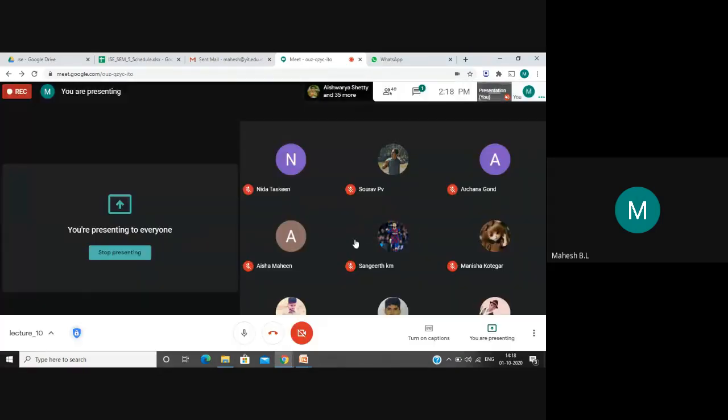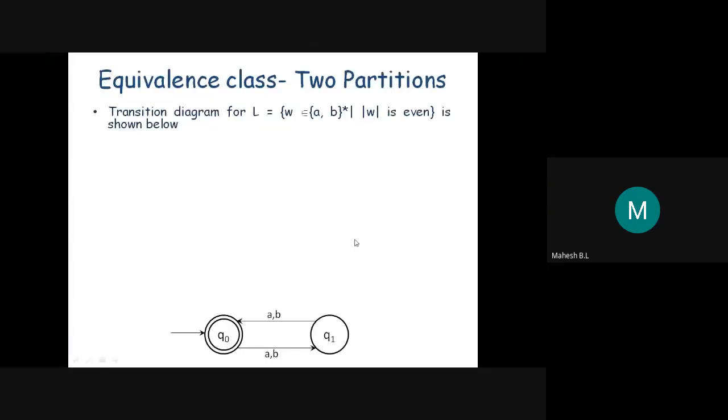Now let's consider. Here these are the strings which are a part of the language, either epsilon or strings with even length. All elements are indistinguishable.